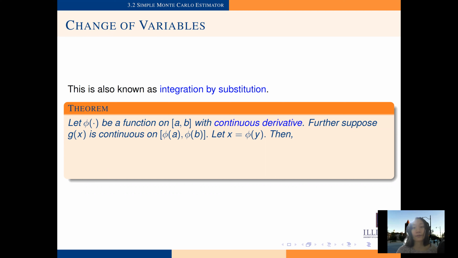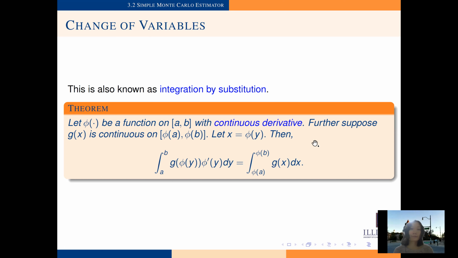In other words, phi prime, which is the derivative of phi, is continuous. Let's further suppose that g of x is a continuous function on the interval between phi of a and phi of b. Now, let's let x equals phi of y.